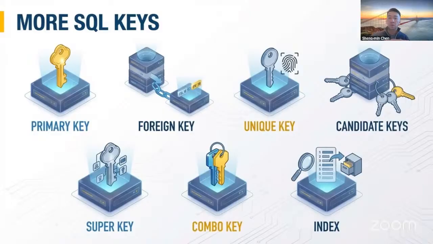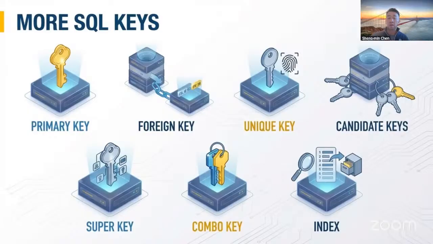Candidate keys, actually, let's jump to combo keys, which we are familiar with. Combo keys are primary keys. The difference between combo keys and normal primary keys is that a combo key is combined from multiple columns, more than one column, to make a primary key.